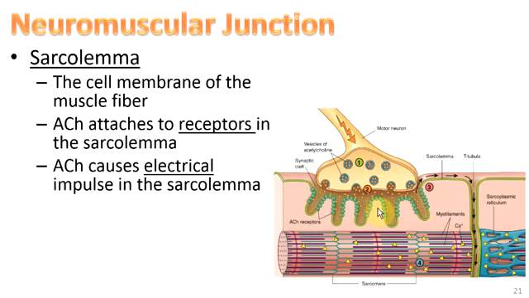What happens then is it causes calcium channels to open up in the sarcolemma, and that's what sends this electrical signal throughout the muscle fiber. Not only does it run along the muscle fiber, as you can see, these T-tubules, which we'll get to in a minute, it also sends the signals down inside of the muscle fiber, because we've got to get this signal to all of the sarcomeres inside this fiber. And so we have to have these passageways to get it to the inside of the cell.